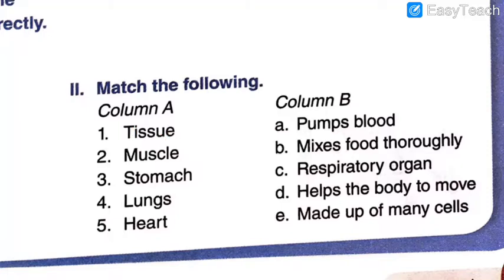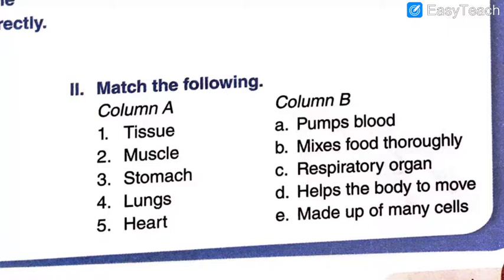Number 1, tissue. So can you say that tissue pumps the blood? No. Can you say that tissue mixes the food thoroughly? Obviously not. Then can you say tissue is made up of many cells? Yes. If you remember, on the first page itself it was written that a collection of many cells makes one tissue.